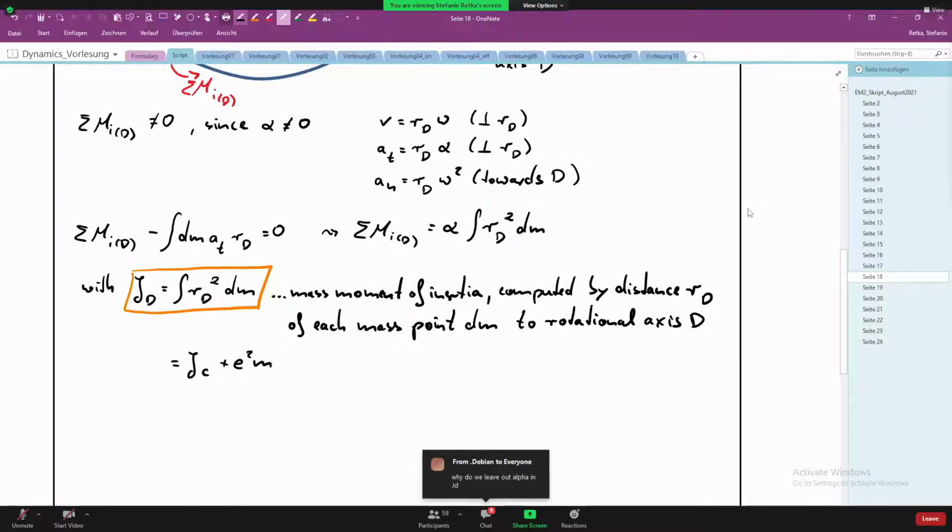And E is the distance of the center of gravity of our entire object, of our rigid body, to the rotational axis. The distance from the center of gravity to the axis of rotation, D.